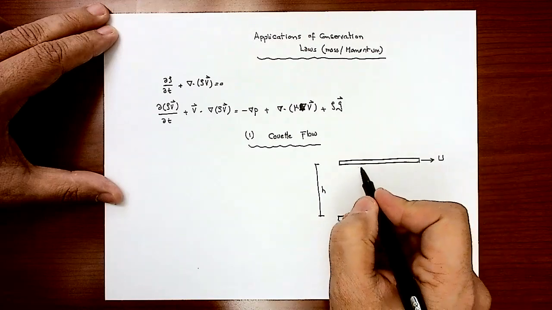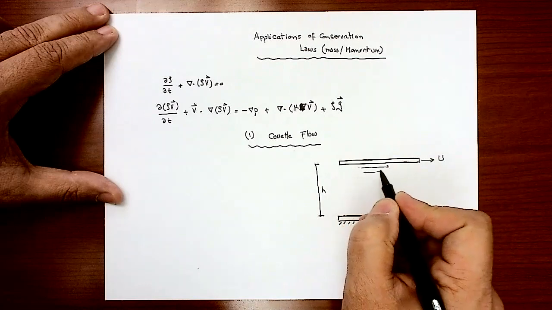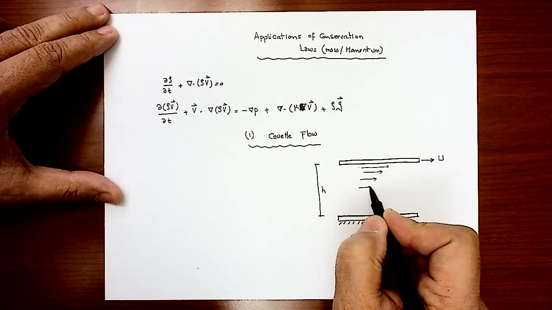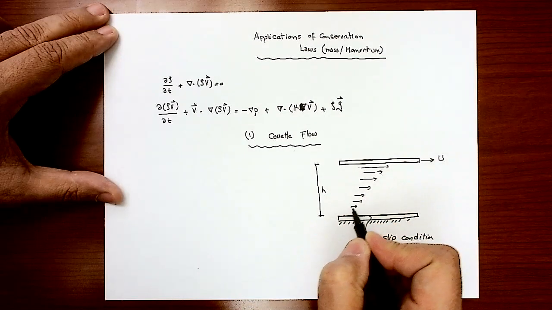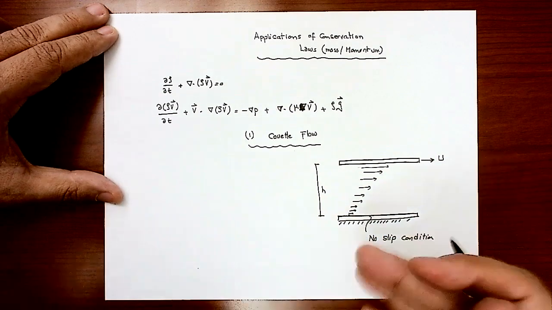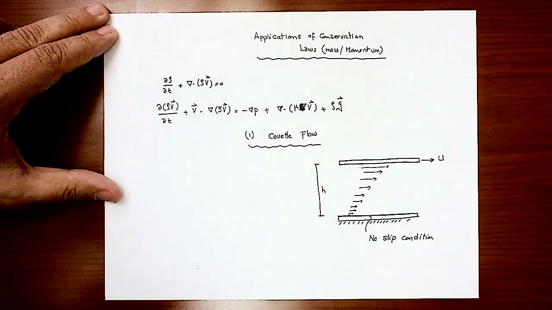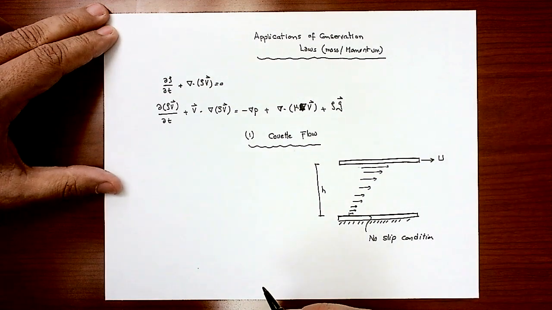So we are expecting the fluid will go with different levels of velocities, until I reach kind of zero velocity down there. How the profile looks like, I don't know. That's what we need to look into.